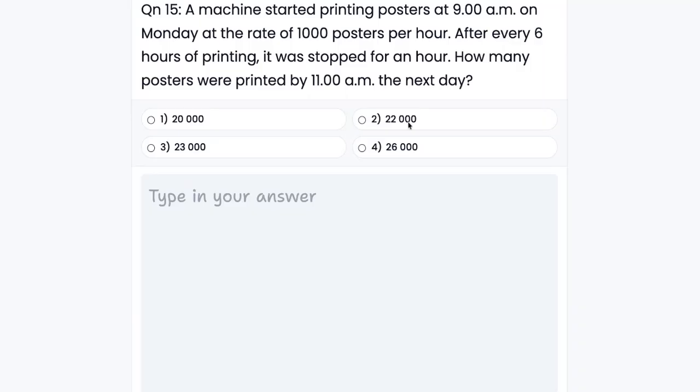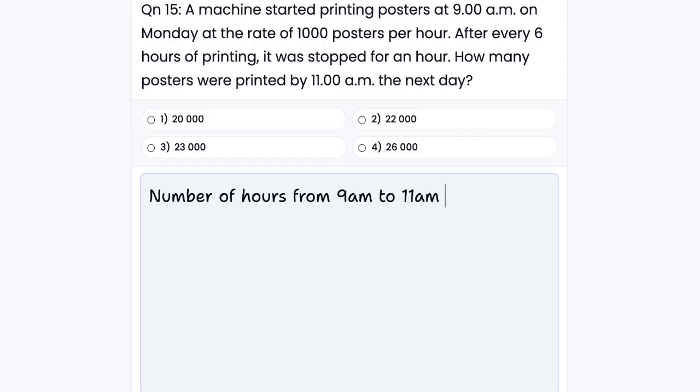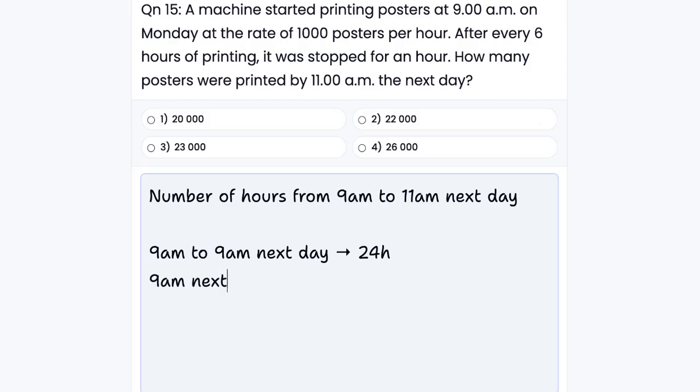So over here, what we need to do is calculate the number of hours from 9 a.m. to 11 a.m. next day. So 9 a.m. to 9 a.m. next day is equal to 24 hours. And then 9 a.m. next day to 11 a.m. next day is equal to 2 hours.